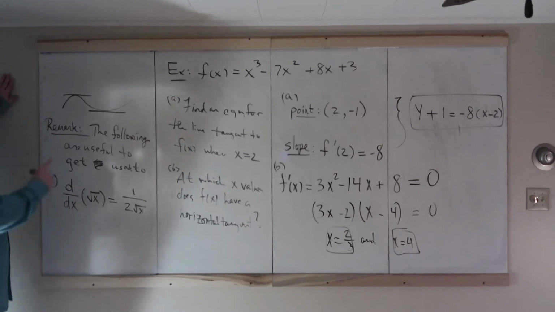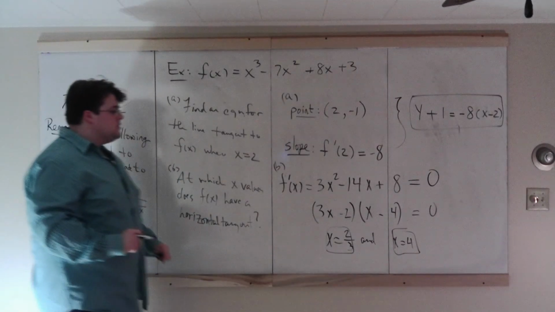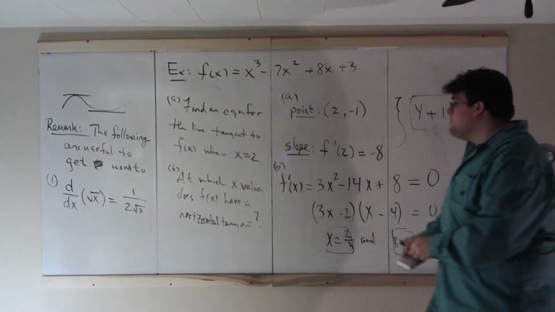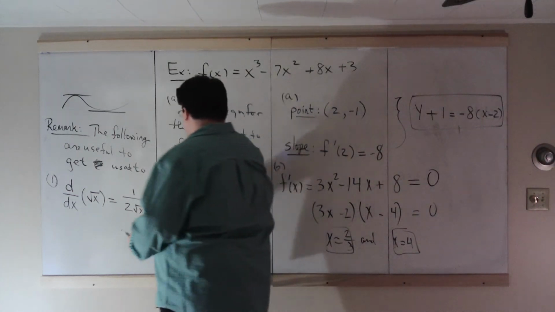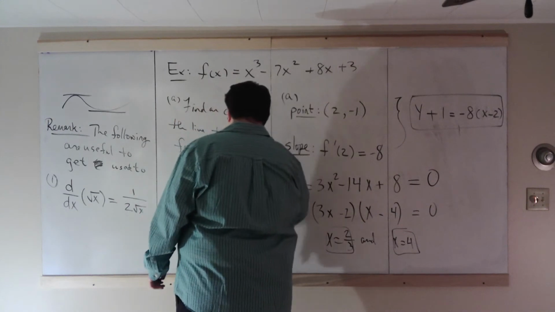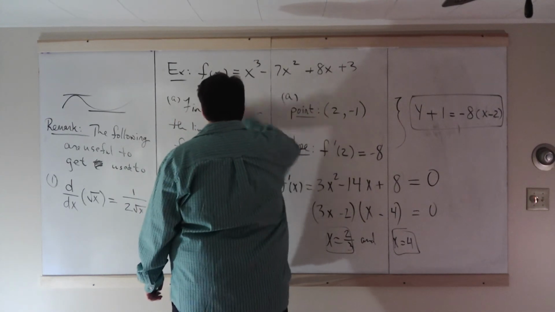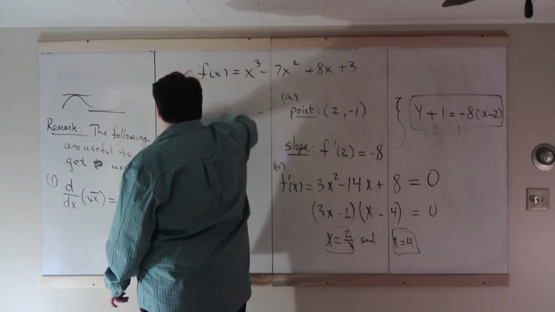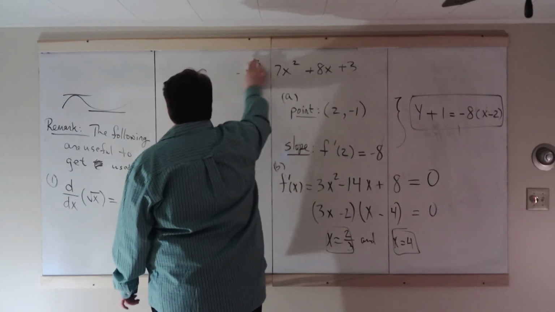Derivative of square root x is 1 over 2 square root x. We actually already saw this written in a different way. So refer to example F, where we did the derivative of square root of x using the power rule.